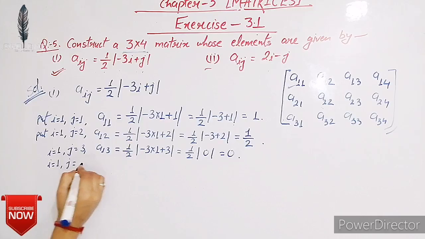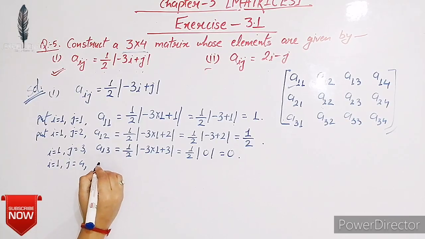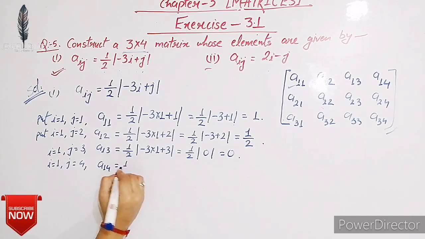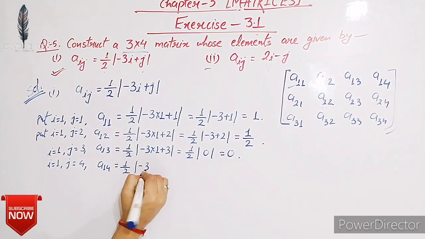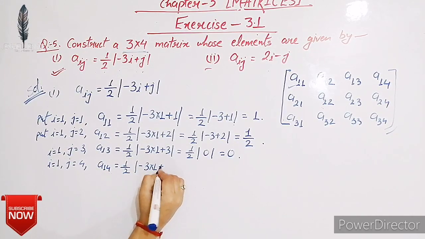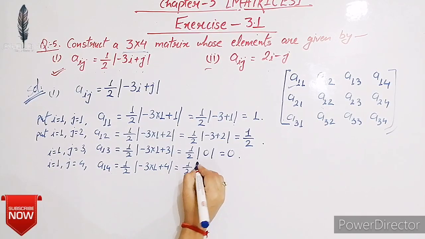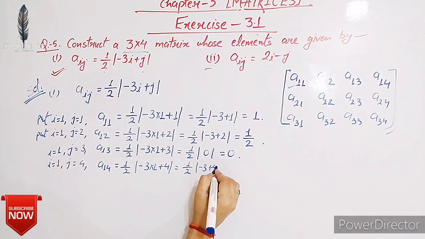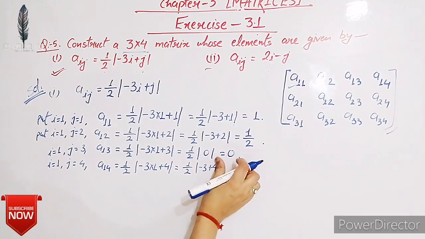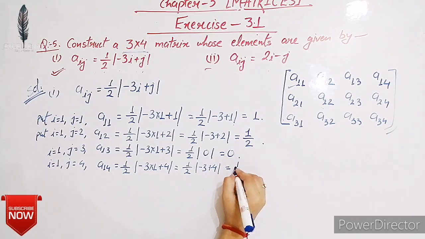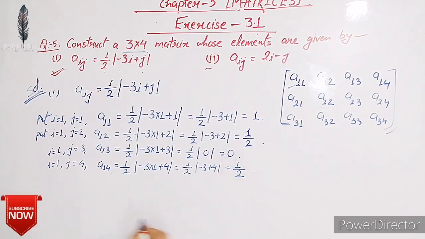Next, put i equal 1 and j equal 4 is equals to A14 is equals 1 by 2 minus 3 into 1 plus 4 is equals to 1 by 2 minus 3 plus 4, that is equals to minus 3 plus 4 is 1, that is equals to 1 by 2.